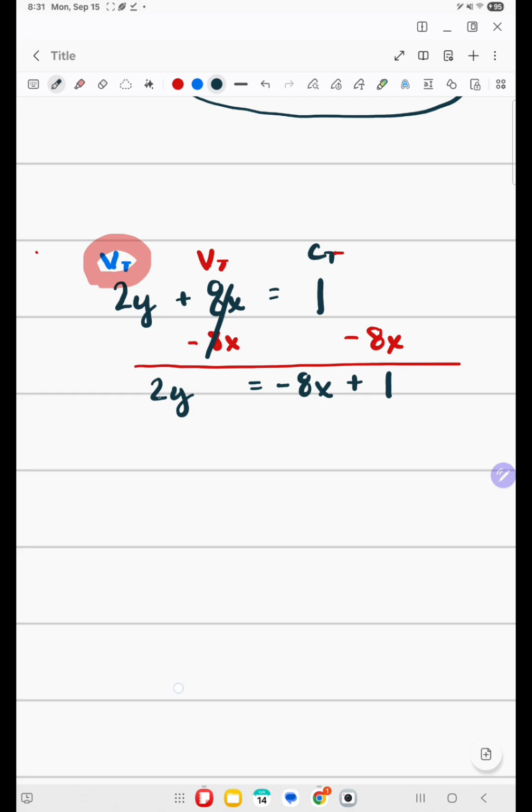Now, we have to get the y by itself, right? So we divide everything by that coefficient, everything by the 2. Because the 2's cancel, our final answer is y is equal to negative 8 divided by 2, which is negative 4, with the x, plus a half.